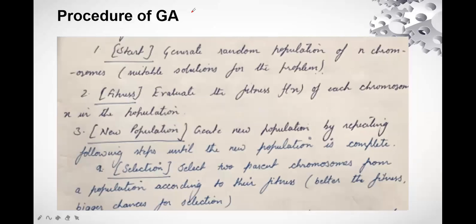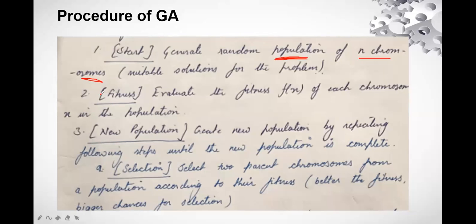Now, the procedure we follow in a genetic algorithm: the first step is to start. In the start, we generate a random population of n chromosomes. Here we are talking about artificial chromosomes. All suitable solutions for the problem are taken as the population, so the complete set of n chromosomes is called the population.